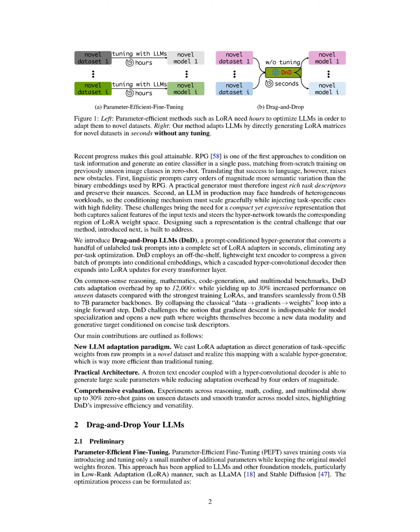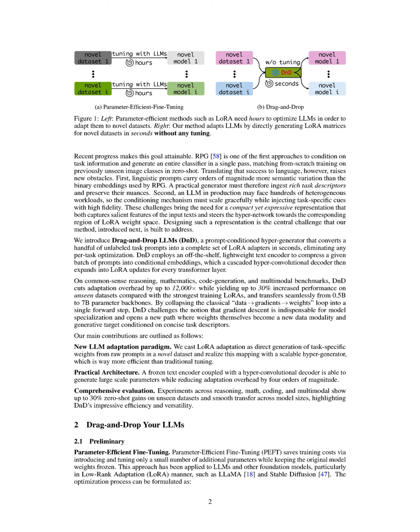This is achieved through a single forward pass, contrasting with LoRA's reliance on gradient descent, which is computationally expensive and time-consuming. Secondly, DND demonstrates superior performance, yielding up to 30% increased accuracy on unseen datasets compared to traditional LoRAs, showcasing its effectiveness in zero-shot scenarios.